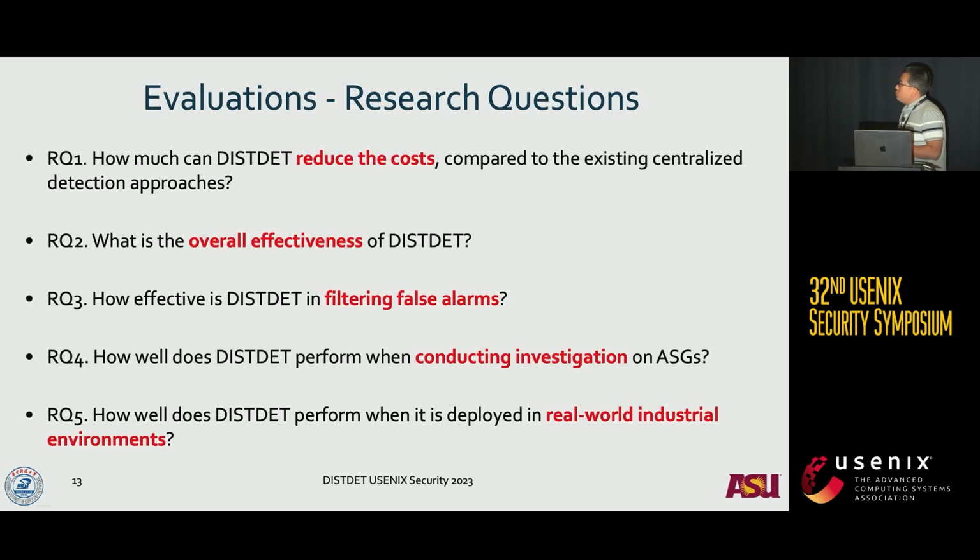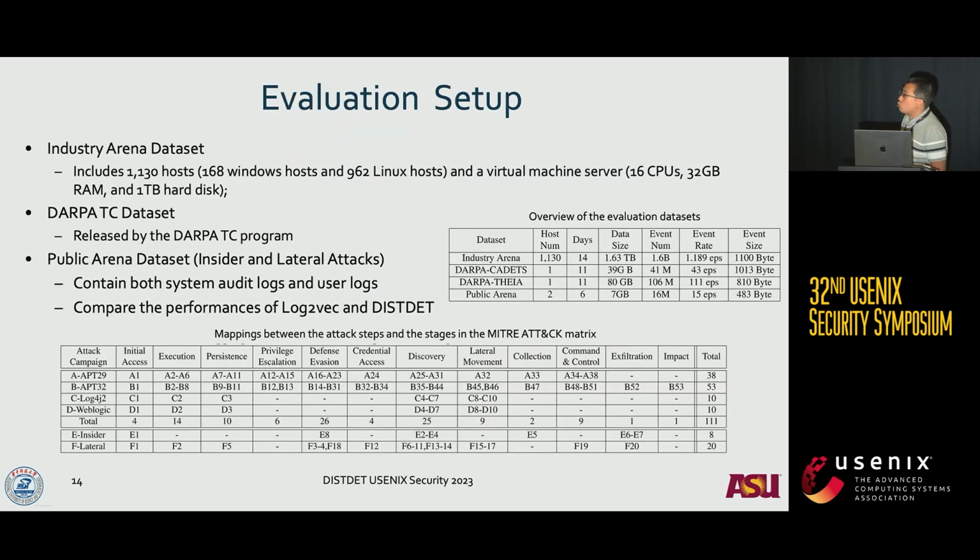We evaluate our system, mostly focusing on the cost of using our system, and the effectiveness, that is, whether we can still maintain high detection precision. We have used three kinds of datasets. The first is the industry arena dataset, where we deploy our system in real industry environments and collect the data for a period of time.